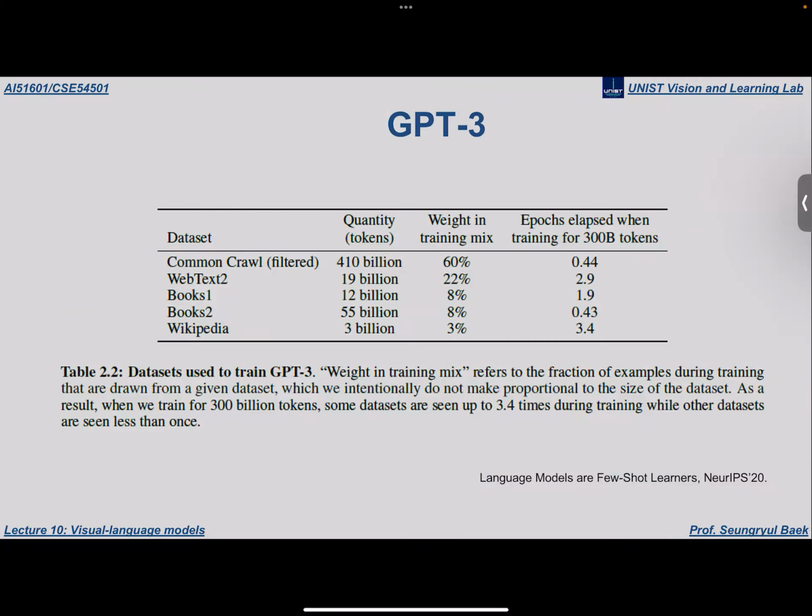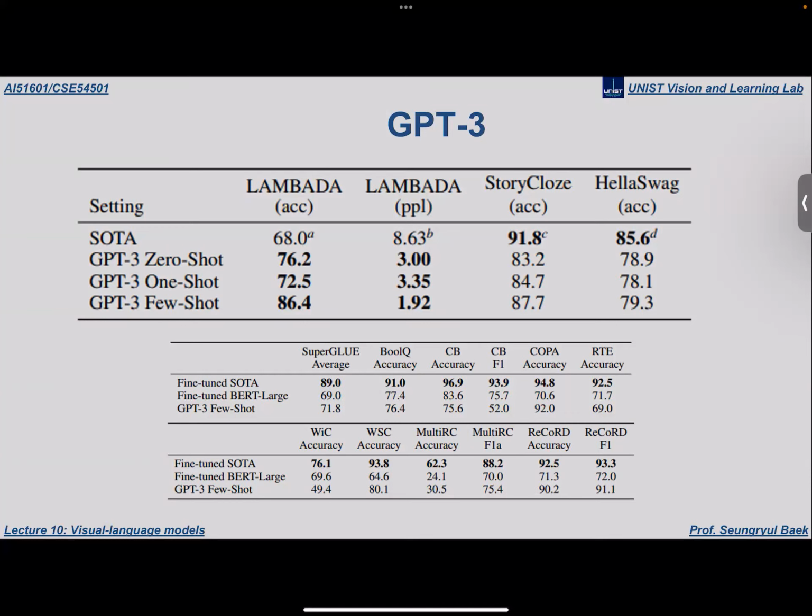And they also collected more data, okay? A very, very large-scale data set when training GPT-3. And they actually beat the SOTA algorithms. For example, BERT and GPT-2, they beat in many tasks, by increasing the architecture size and at the same time increasing the training data. So they can beat previous language models.